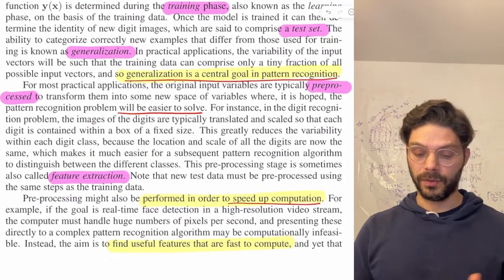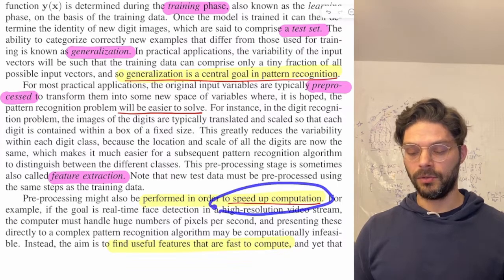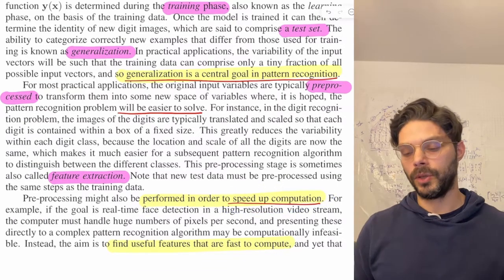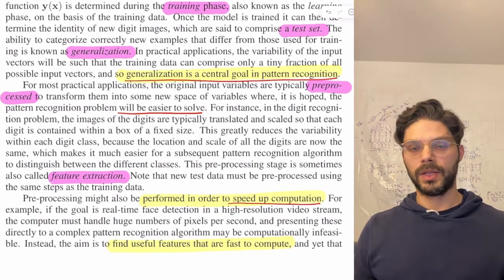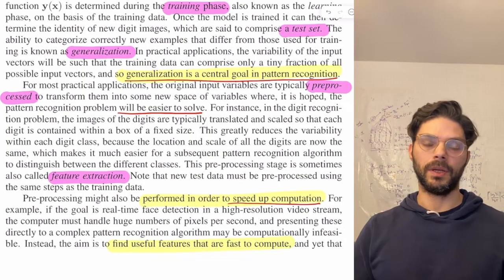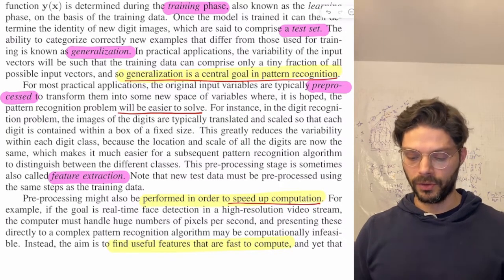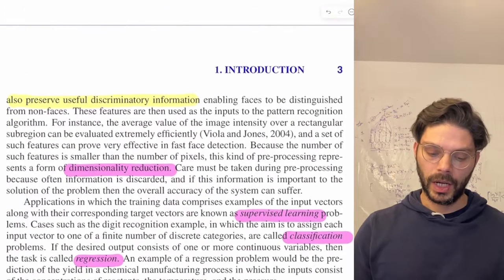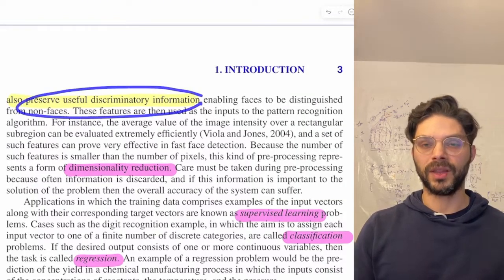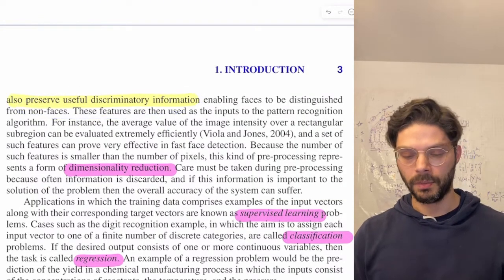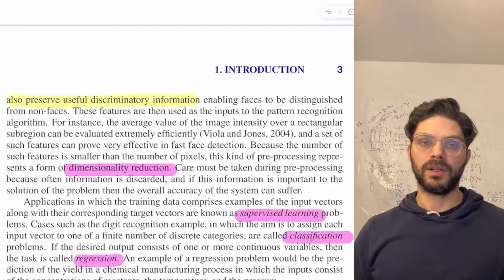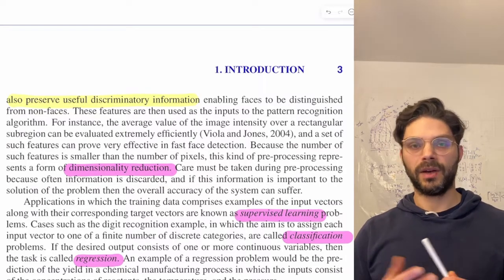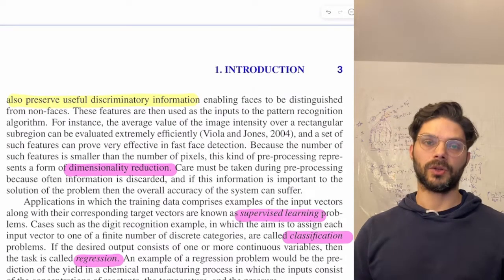Another aspect of this preprocessing is indeed to speed up the computation. So you might not want to work with the entire 784 set of pixels. It might be simpler to reduce that somehow. So essentially, the game is going to be to find these useful features that are fast to compute, but are still preserving the information you need for discrimination. Because of course we can just zero out all the features, and that's fast to compute, but obviously all the information is gone.